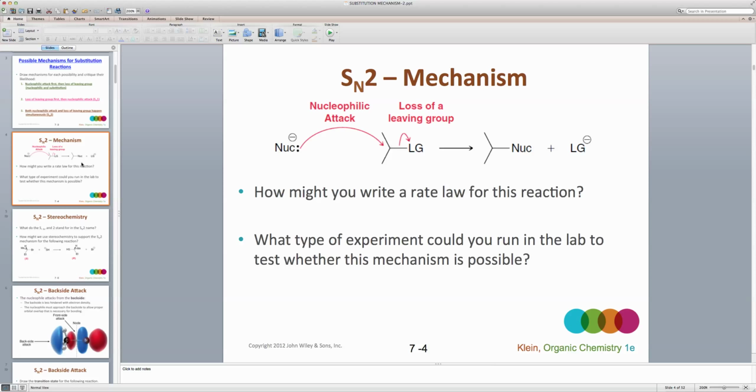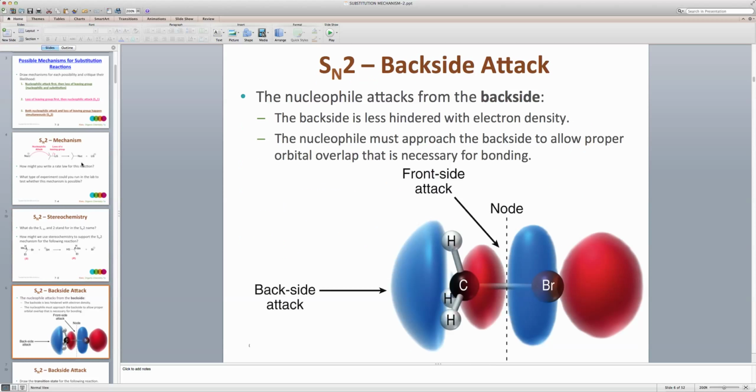In order for this process to occur, the approach of the nucleophile has to be anti to where the leaving group is. Organic chemists commonly refer to this as backside attack, and there are two very good explanations as to why SN2 always involves the approach of the nucleophile from the opposite direction with respect to the orientation of where this leaving group is located.